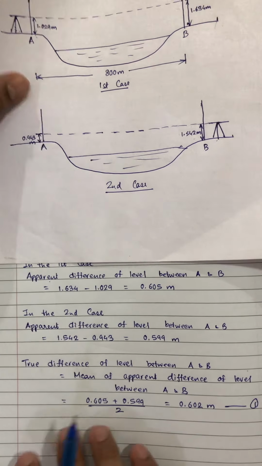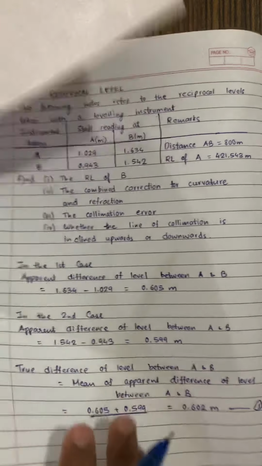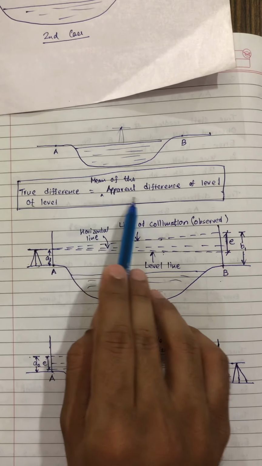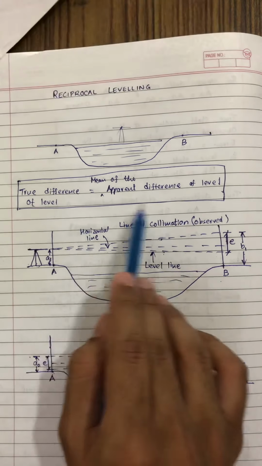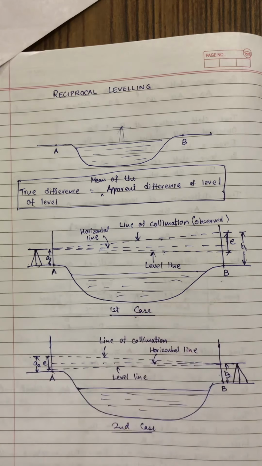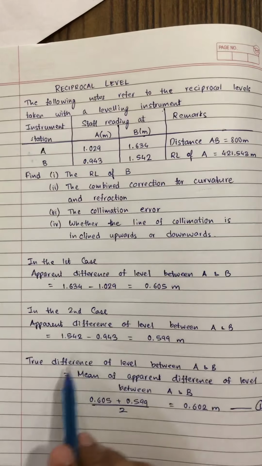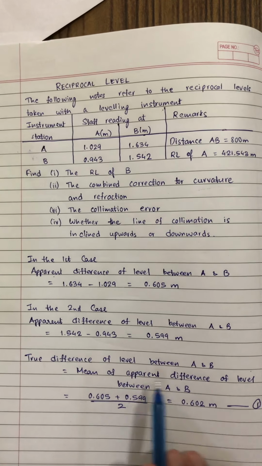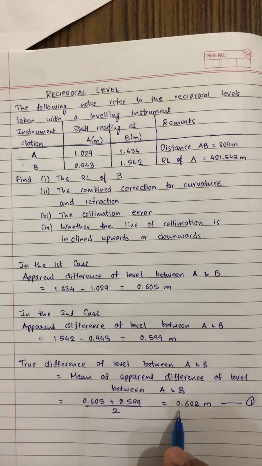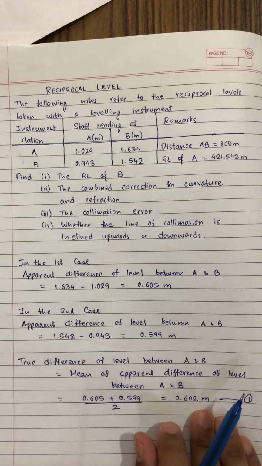This is similar to the formula that the true difference of level is equal to the mean of the apparent difference of level in reciprocal leveling, which we have derived. That only we have applied over here. The true difference of level between A and B is the mean of the apparent differences, and we got the true difference as 0.602 meters.